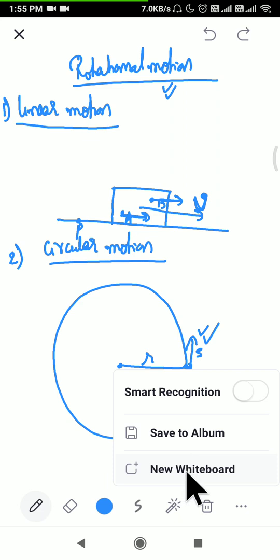Now what is rotational motion? Let us say there is a planar object of any shape, some arbitrary shape. It is very thin and planar, like a cardboard, like an exam pad.